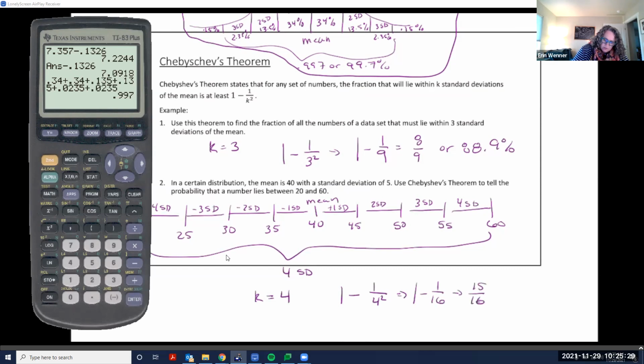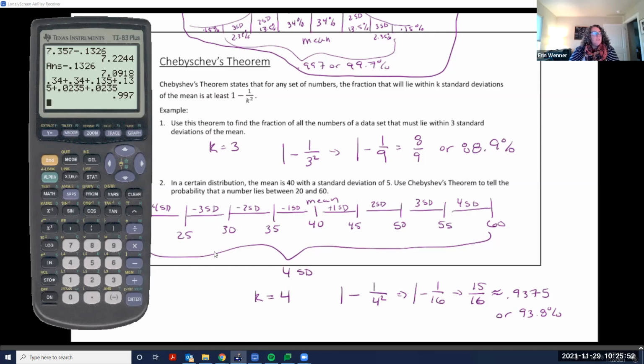And if we convert this to a decimal, we get approximately 0.9375 or 93.8%. So the probability that a number lies between 20 and 60 is 93.8% or 0.9375.